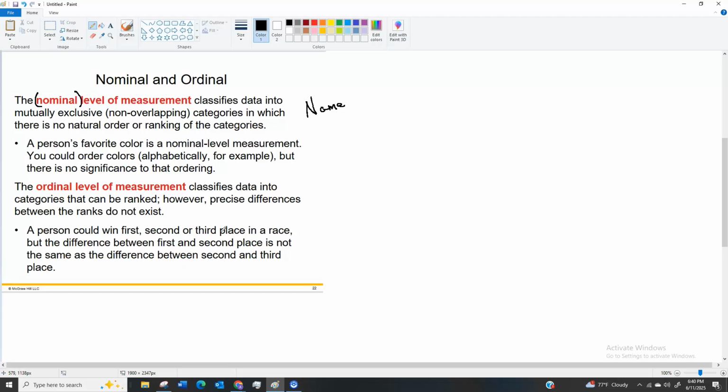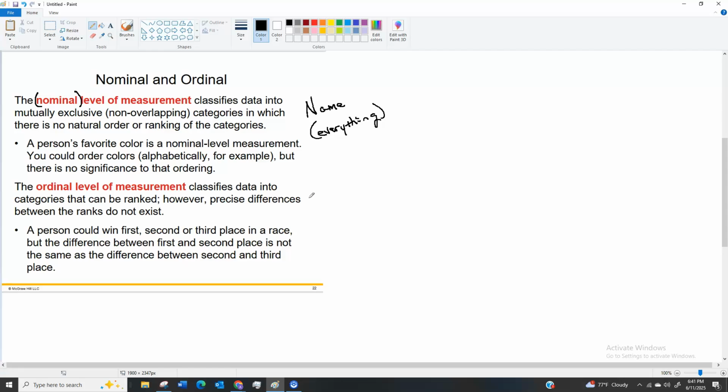Now, when you go to the next level, it still meets the criteria for the prior level, but it also meets these criteria. So basically every type of data, you can give a name to. So every type of data is nominal. Now, if data can reach the next criteria, then we say that it's nominal and ordinal.